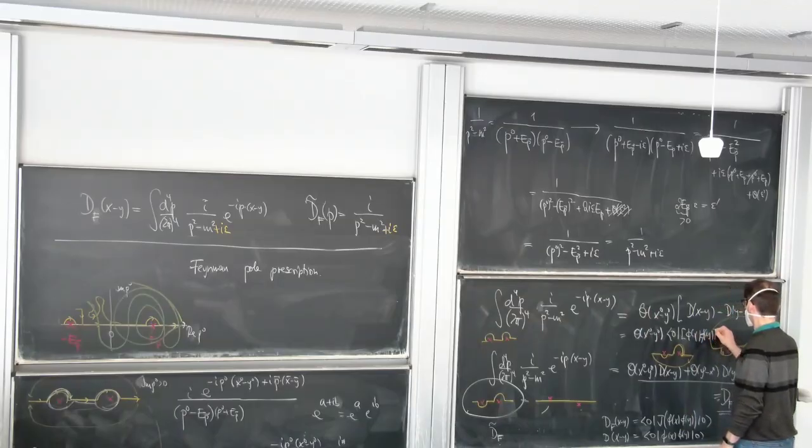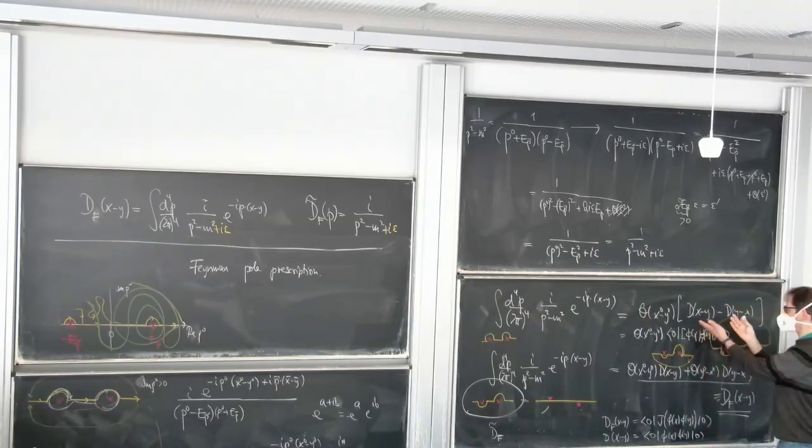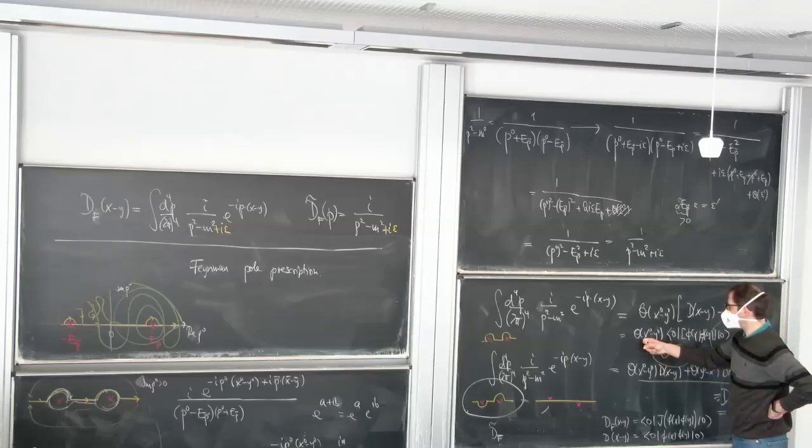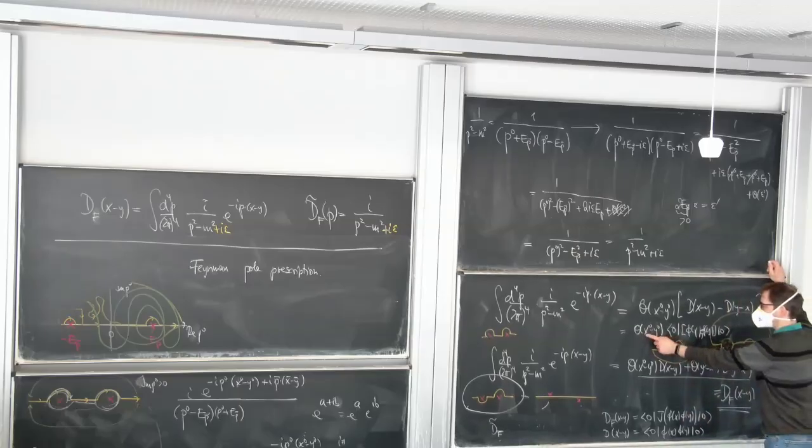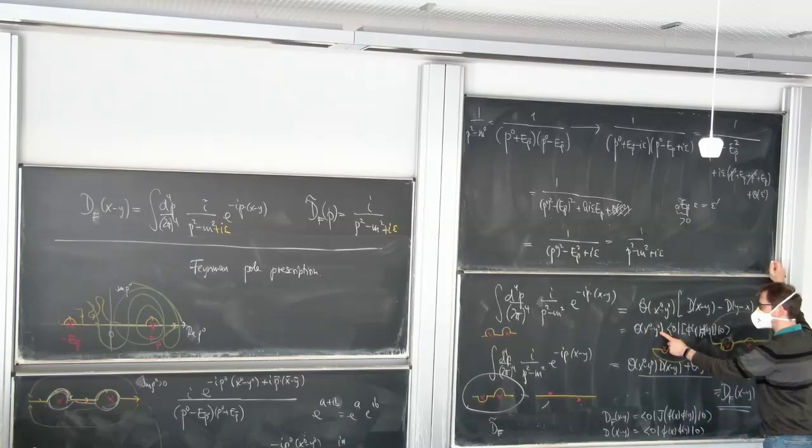Well, I don't know if this is necessary, but that would be a different Green's function, since it is only non-zero if the time of the left field, x0, is larger than y0.